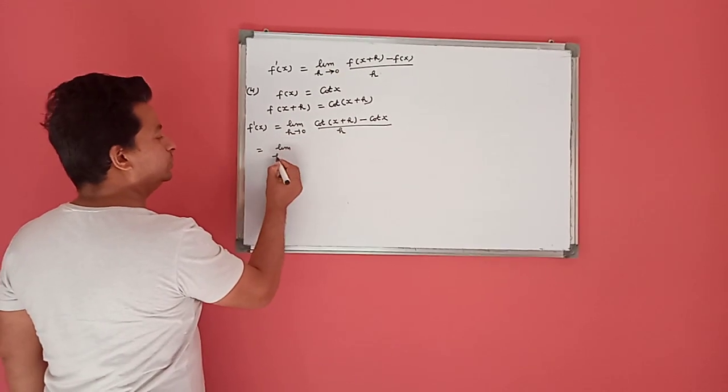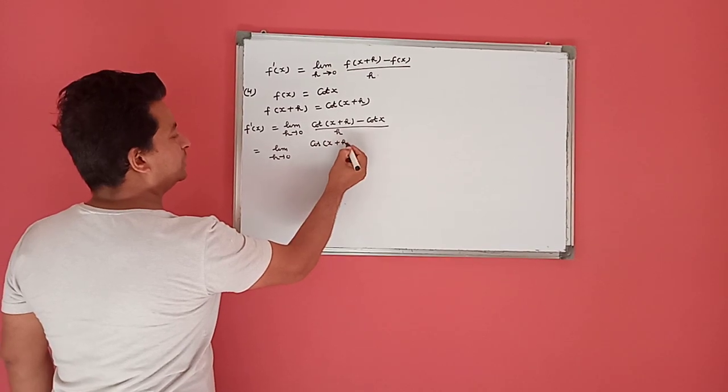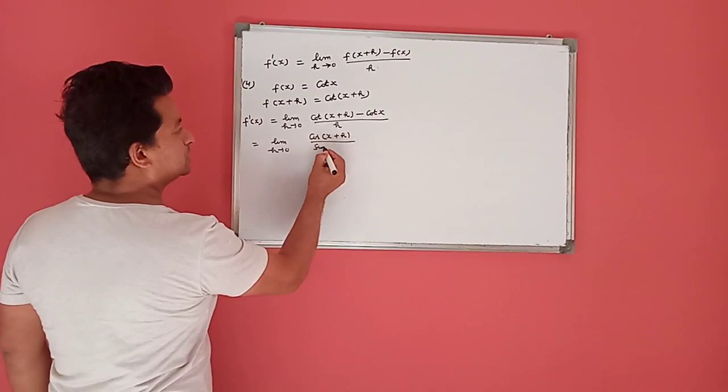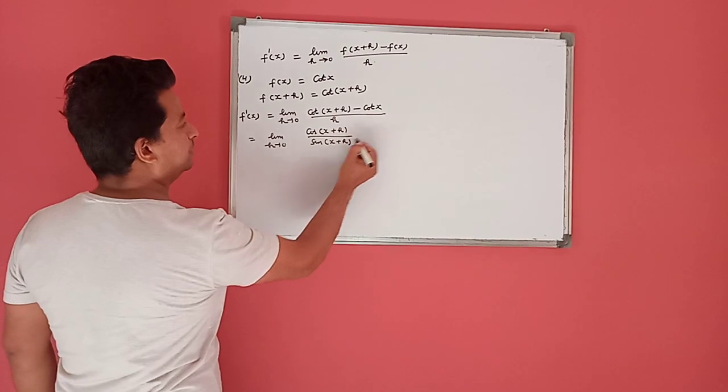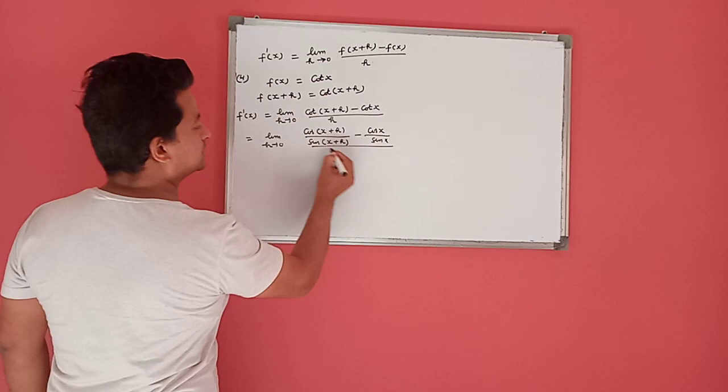As we know, there is no C minus D formula for cotangent, so first we change it to cos upon sine, that is cos x upon sin x.